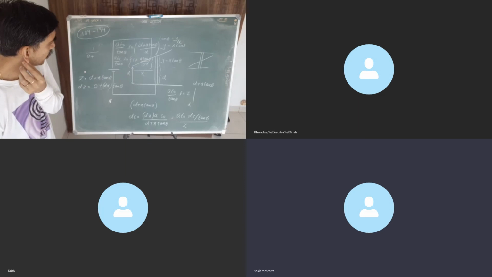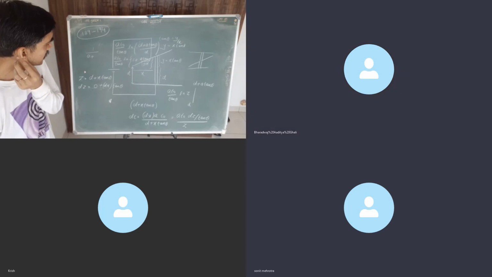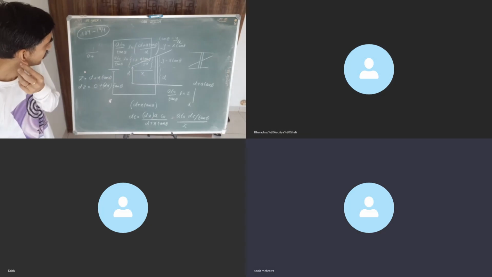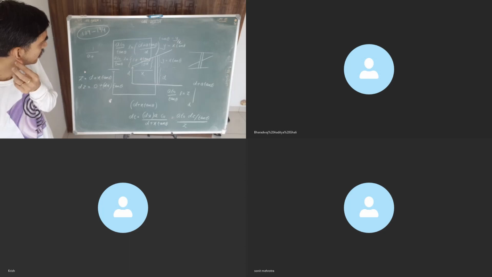So we use the series expansion, but then with series expansion, I'll be able to neglect higher orders only when x is small, right? Here x is large, no? A tan theta by D will be large, correct?